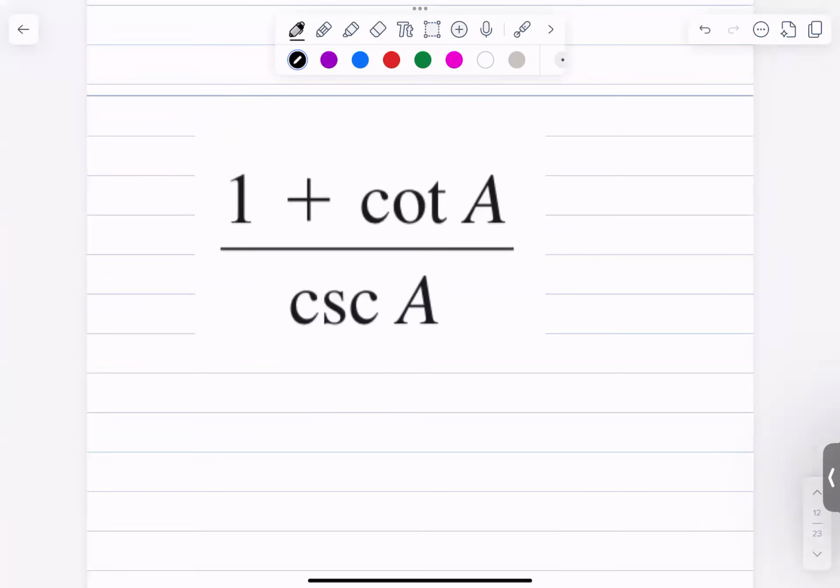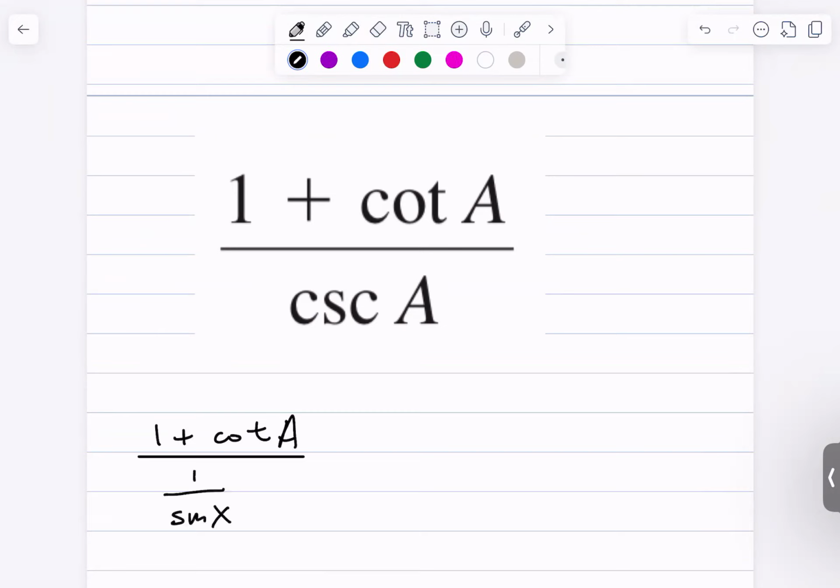Next one, I have this. I'm going to turn the bottom in terms of sine and cosine. That doesn't help.